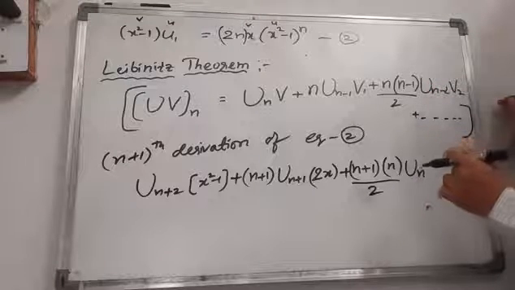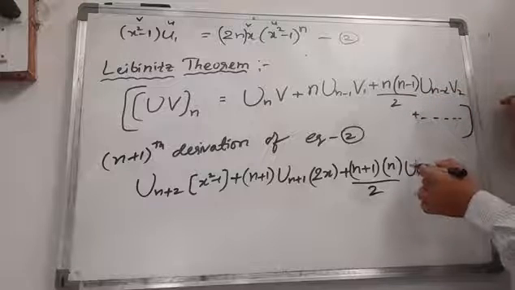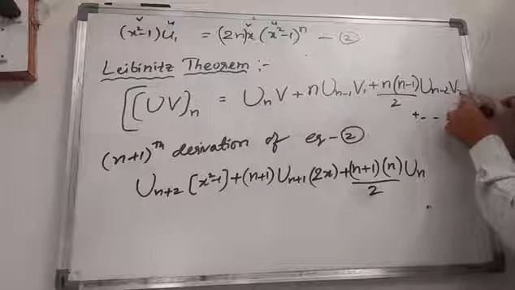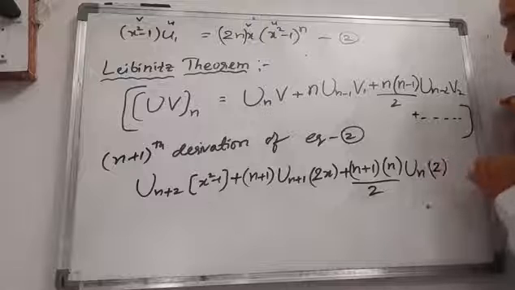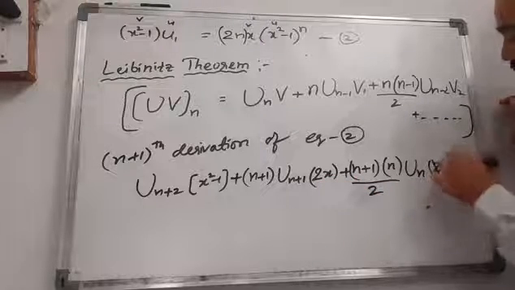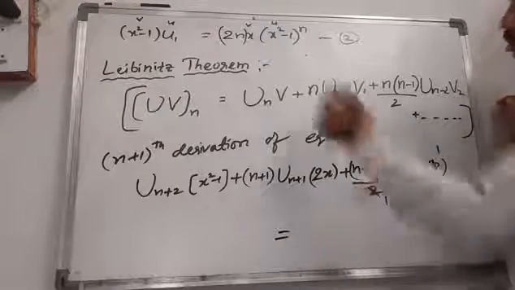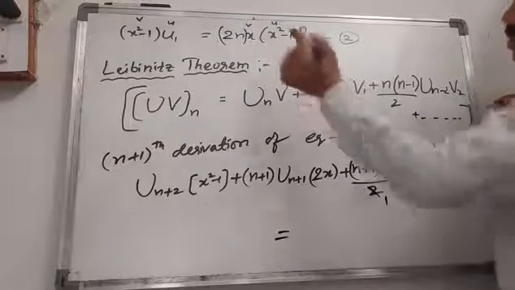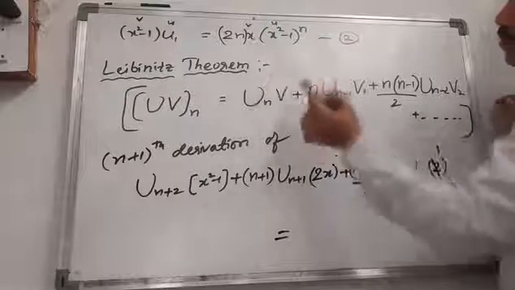Next, what do we have? v2, the second derivative of this function, is 2. Differentiation of 2x is 2, so this 2 gets cancelled. So again we take the n plus 1th derivative of the u function.